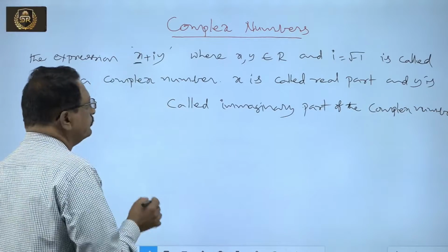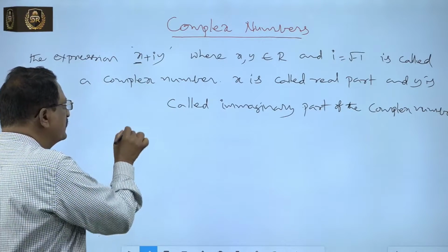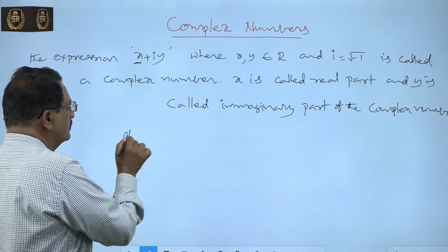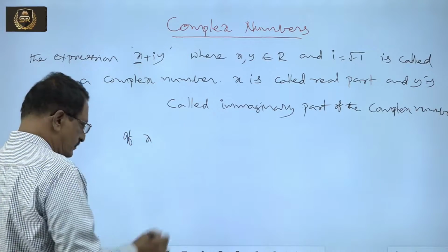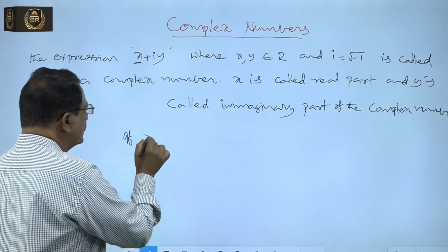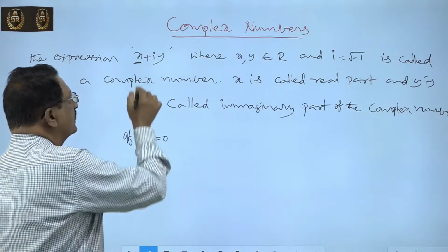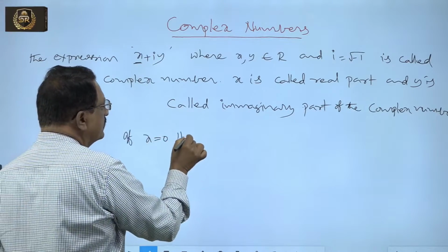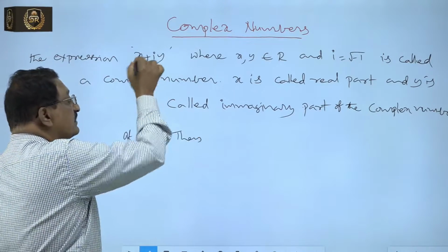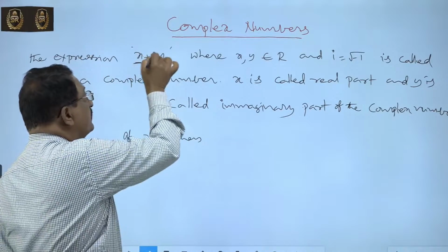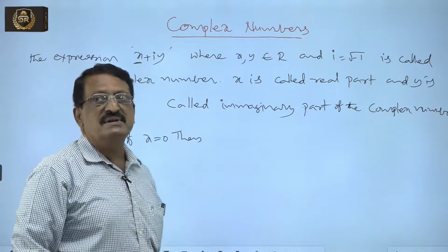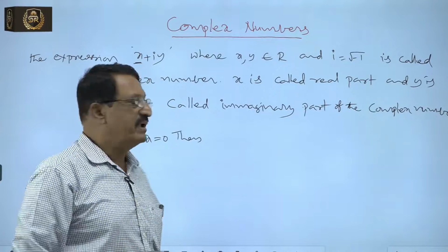Now, suppose x equals 0, then the complex number x plus iy is called purely imaginary.